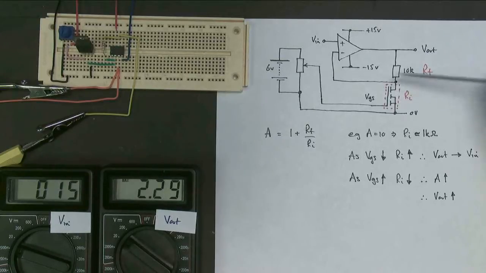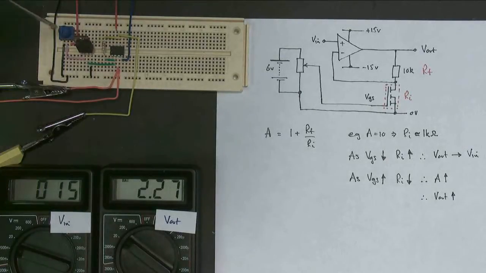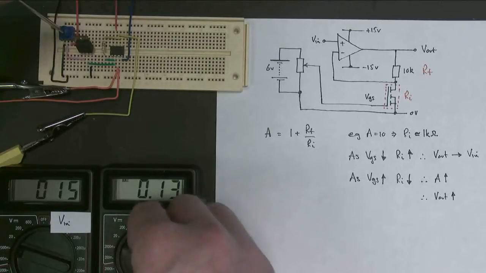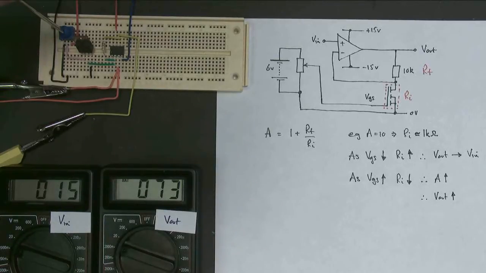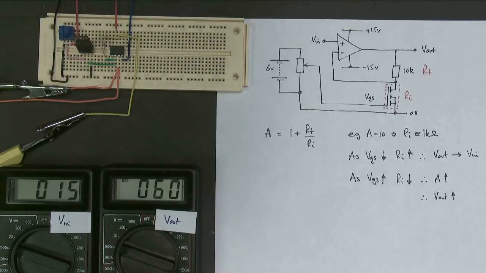So unless your input voltage is very small and your gain quite low and the output voltage remains relatively small, it's very easy to take this MOSFET out of its resistive region. So if we go back down a bit, turn it back down to millivolts again, and that's more reasonable. That's a gain of 4. Okay, so that would be quite nice.